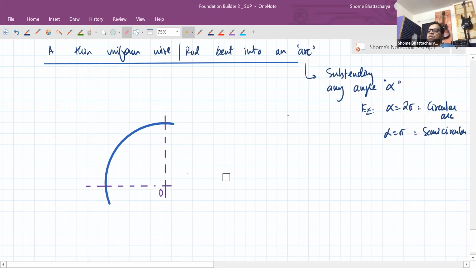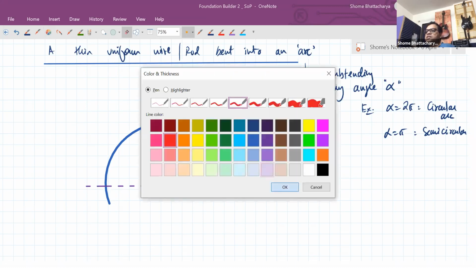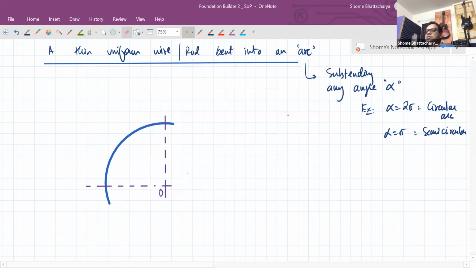Then where is the center of mass going to lie? First, we will have to understand how much angle it is subtending. So the end points will have to be joined with the center of curvature. And then the angle between these two imaginary lines is the angle alpha we are talking about. So this angle, from here to here, is alpha.